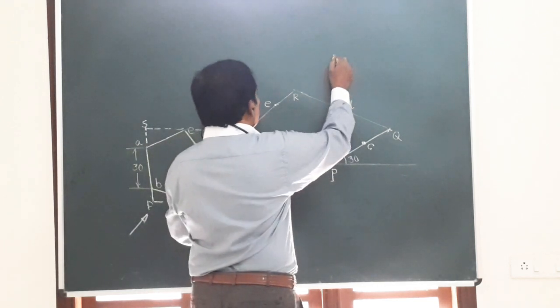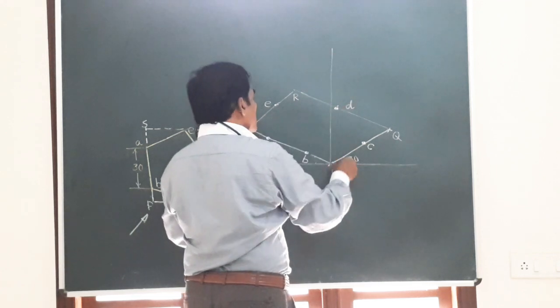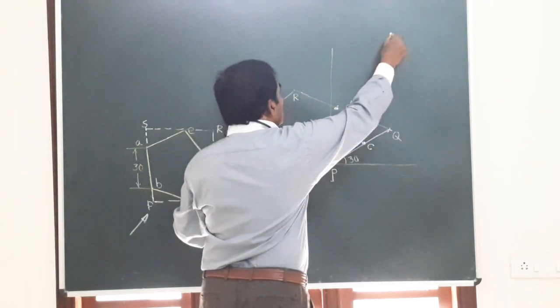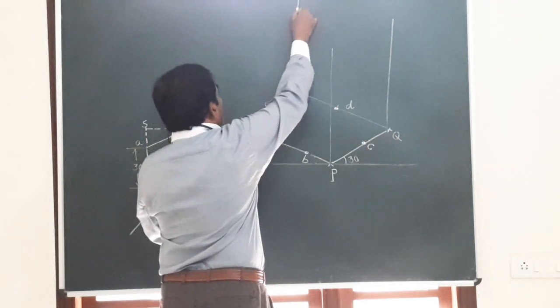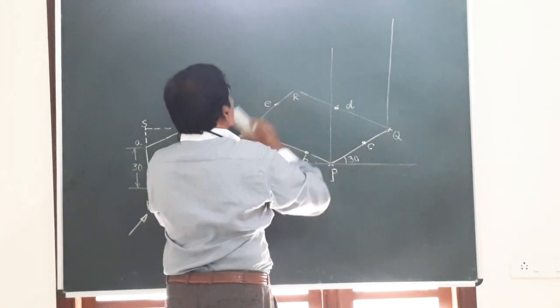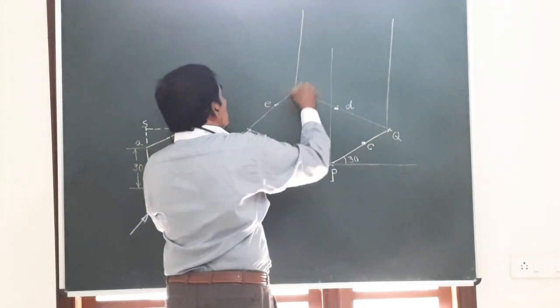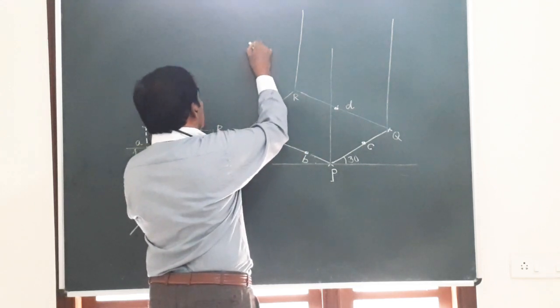So from here I will draw a vertical line from here, a vertical line from here, again a vertical line from here, all having the same height or same length as given in the question. Again from here PQRS.